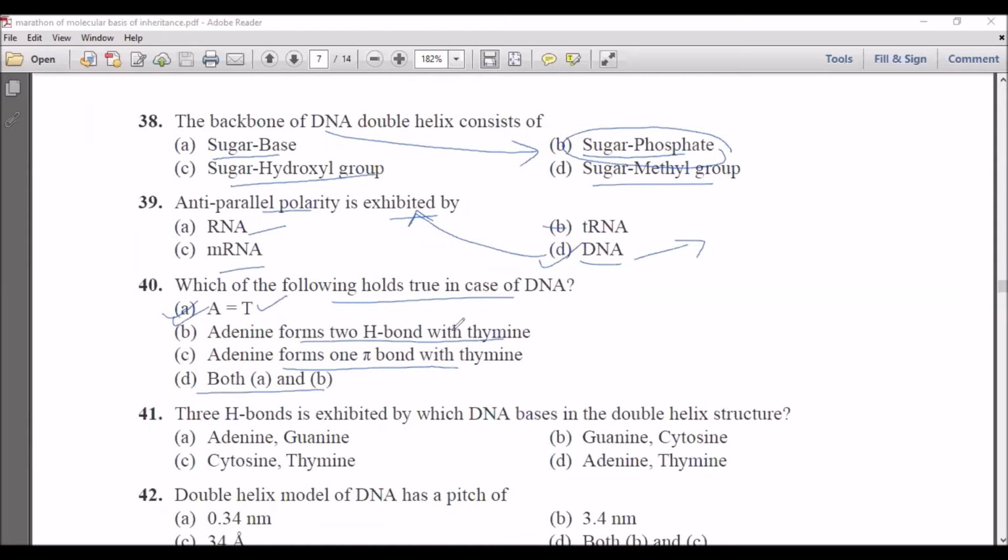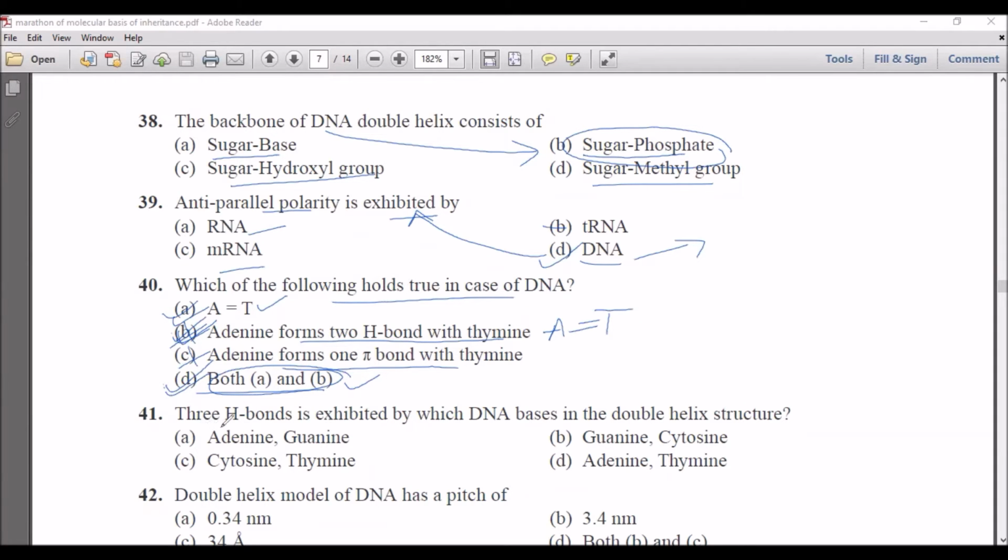Adenine forms 2 hydrogen bonds with thymine, this is also a correct statement. Adenine forming 1 bond with thymine is a wrong statement. So option D is correct, that is both A and B. Adenine, we know that it forms a double bond with thymine.